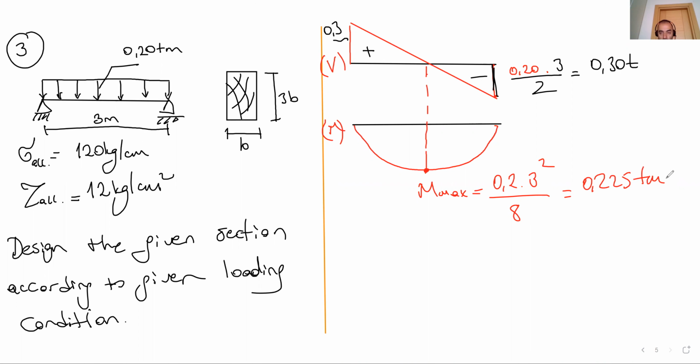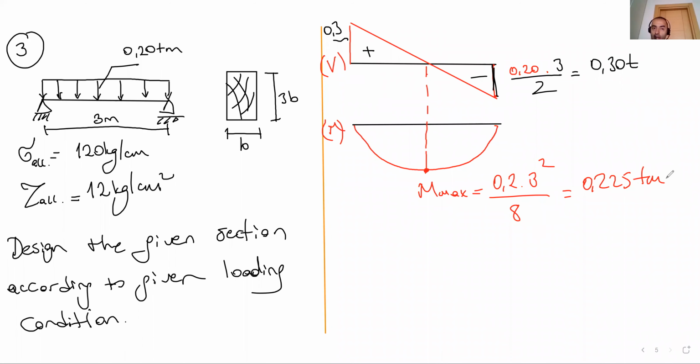Okay, we have shear force and the moment. When we look, these diagrams are important. The maximum shear force and maximum moment are not at the same location at the same time.